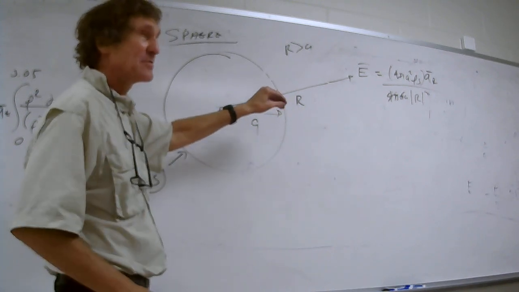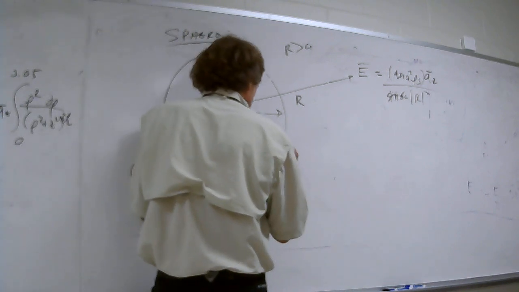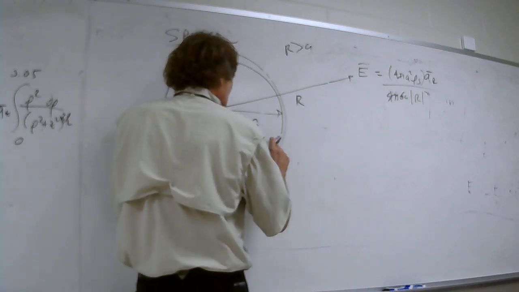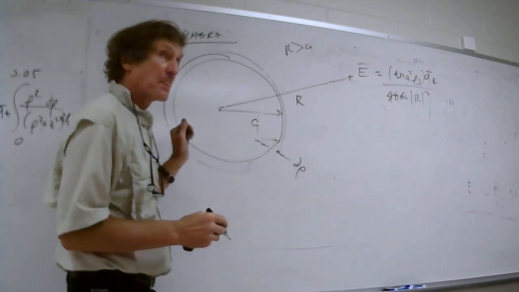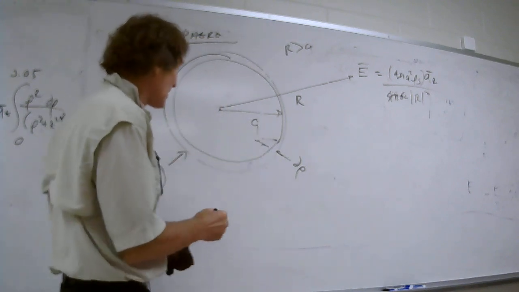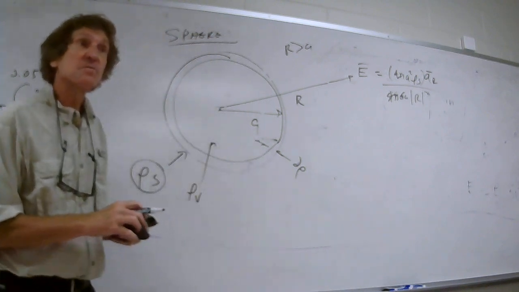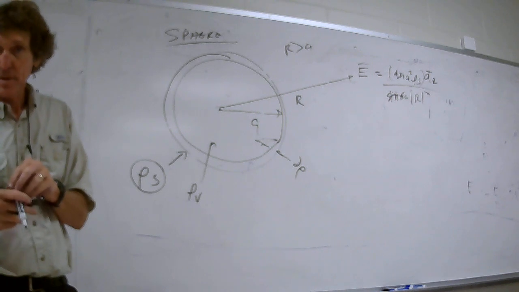In other words, right here we'd put a differential thickness. We'd assume this thing now has a thickness, call it d rho. Now instead of a surface charge density, assume you have a volume charge density, rho v. It's spherically symmetric. Y'all with me, class?